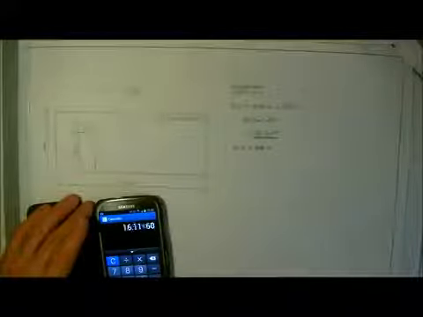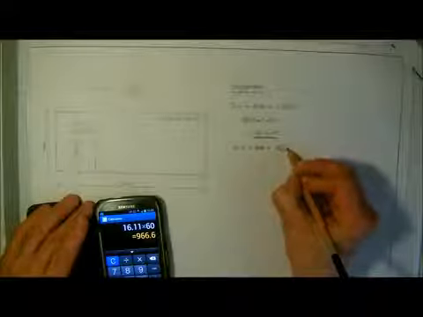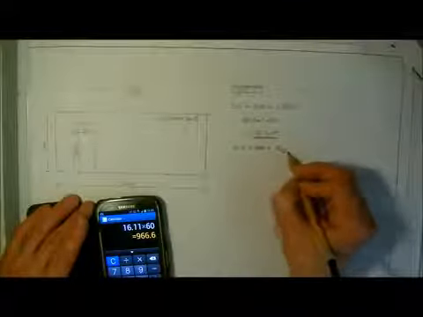So we've got 60 bricks on there, so what we're going to have is 16.11 multiplied by 60, and that's going to give us 966 bricks for that.